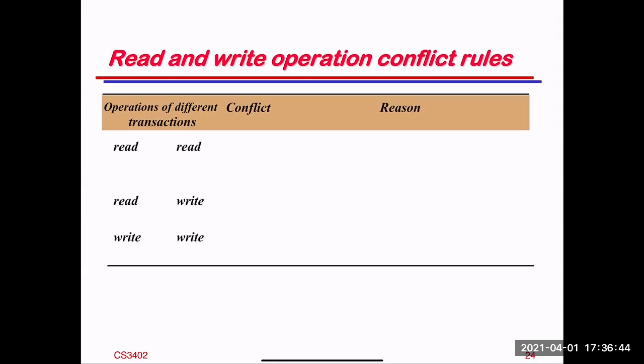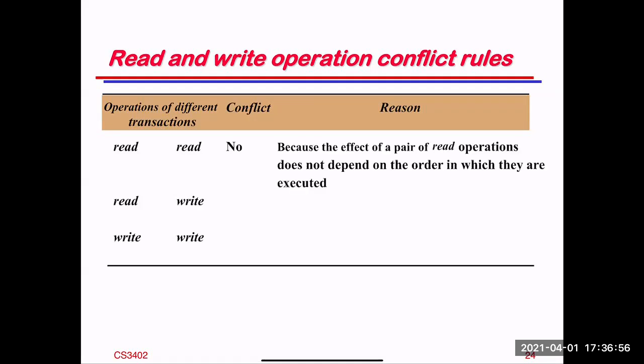Okay, so if you have two transactions and both of them read the same item, can there be a conflict? No, right? Because it doesn't matter how you order these two operations, it makes no difference. They both only read the same item, so there can't be any conflict.